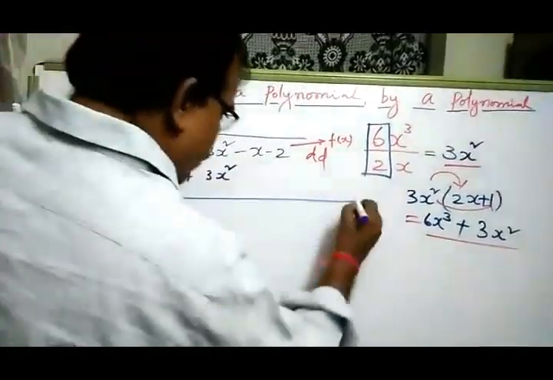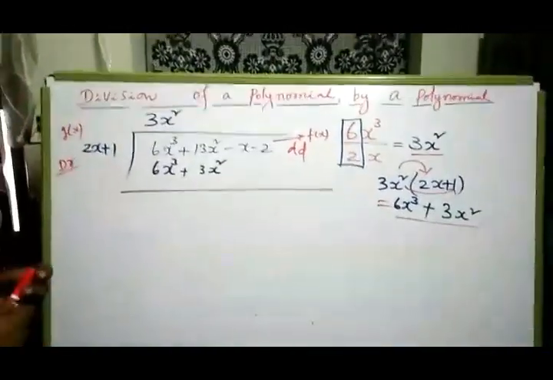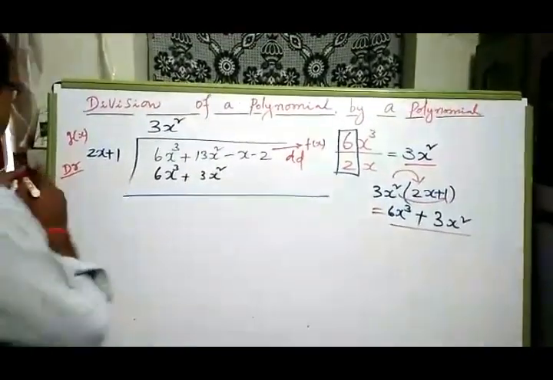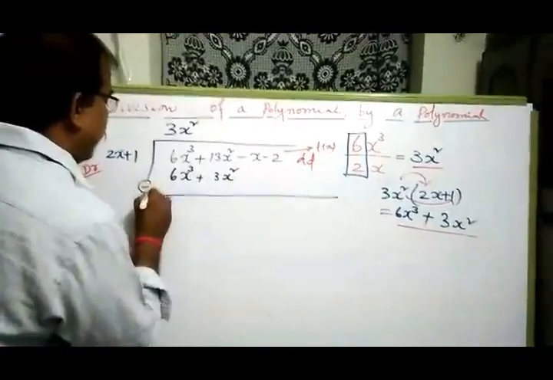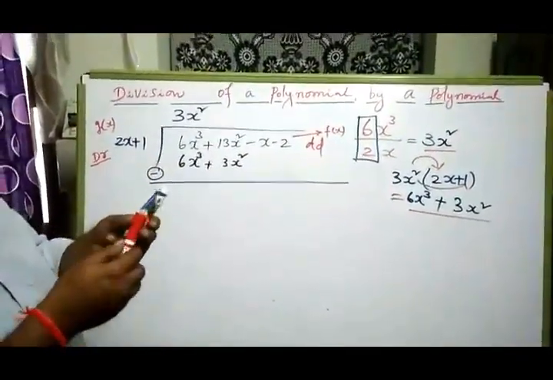Now, like normal division, you have to do subtraction. The symbol for subtraction is minus. Here I am doing vertical subtraction.